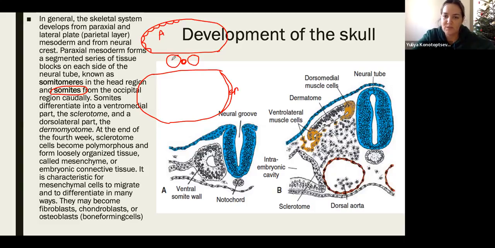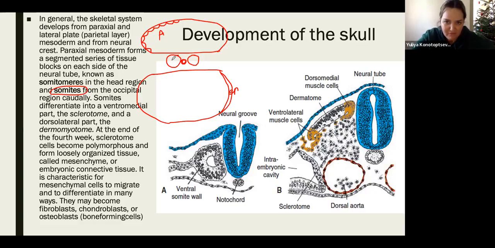And this number is a bit too high. So some somites are going to degenerate. They are going to disappear. Which ones disappear? The first occipital somite, okay, so the ones in your occipital region, the two somites here, are going to degenerate and disappear. And also 5 to 7 coccygeal somites will also disappear.